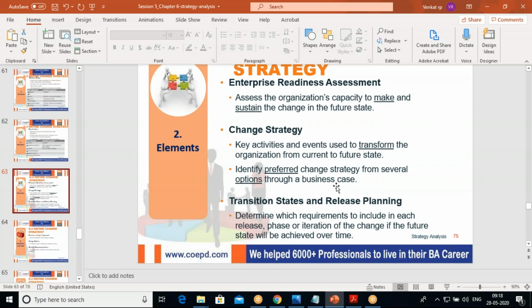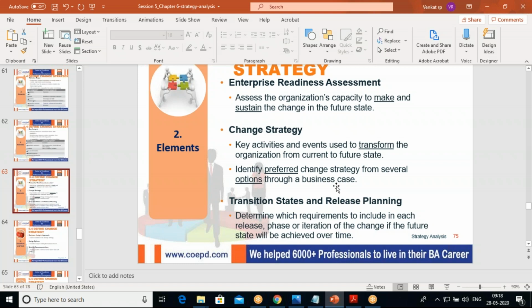Along with that, for the change to happen, who are the stakeholders, what is the context involved, and what is the mindset of the stakeholders to bring in the change. And let me say this change is happening because of a technology. Is that technology suitable here, and are our stakeholders capable enough to use that technology and get the advantage of the new application? All this we will be understanding in the change strategy.